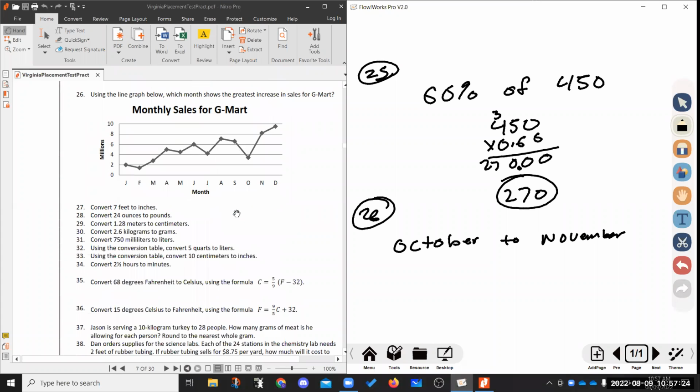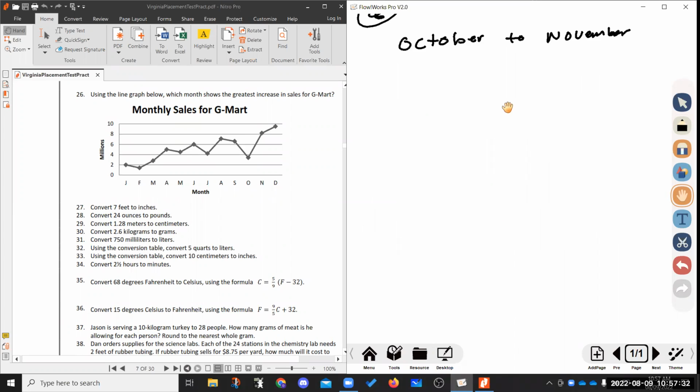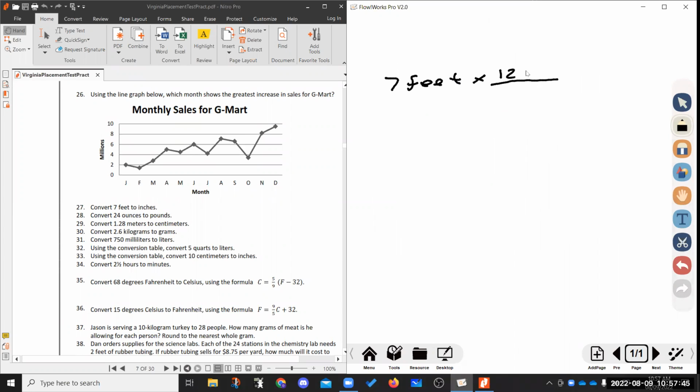Now we're going to have to use some conversions. Some of these conversions we're supposed to know off the top of our head, when we're going from one system to the same system. So for instance, when we go from 7 feet to inches, feet and inches are in the same system. There's 12 inches in 1 foot.